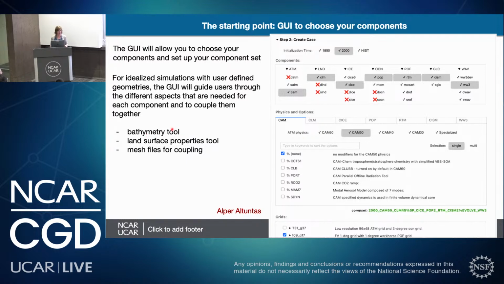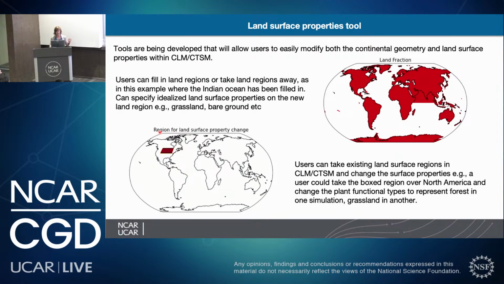It'll guide you to a land surface properties tool, where you can specify what kind of land surface types you want and where. And it'll help you through the process of coupling those components together to get your more idealized configurations.